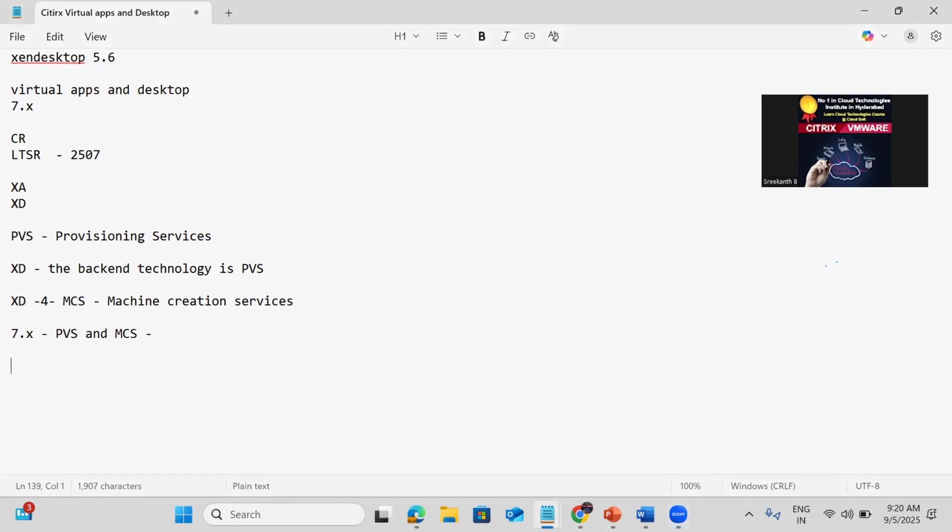Here we can control thousands of users. We need not install apps and desktops individually, and patching is all centralized. That is the main advantage of using Citrix products. In the next session we'll discuss more on the architecture part.